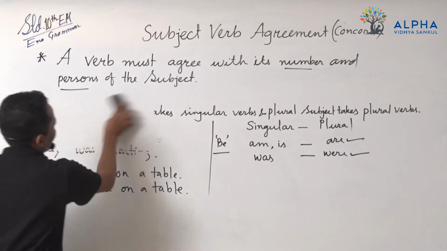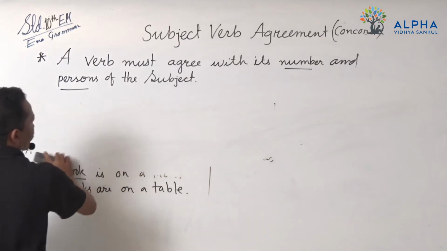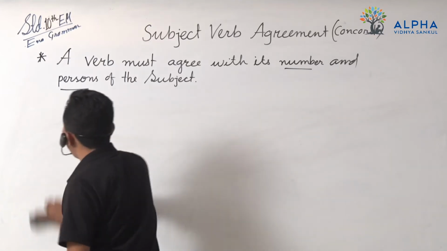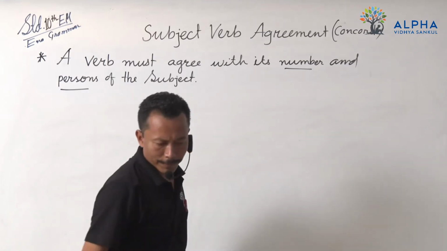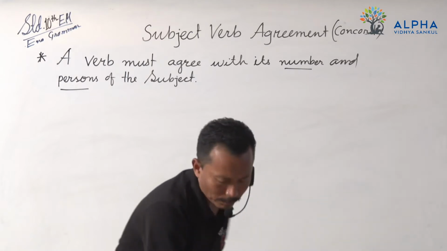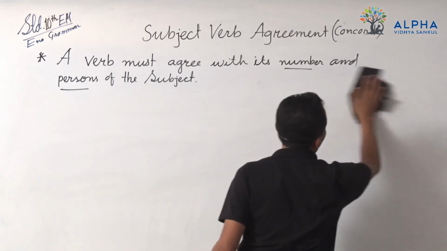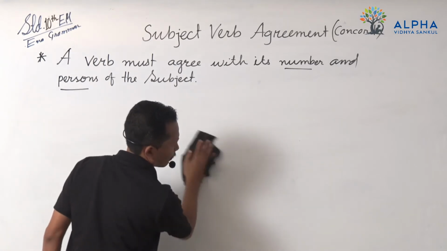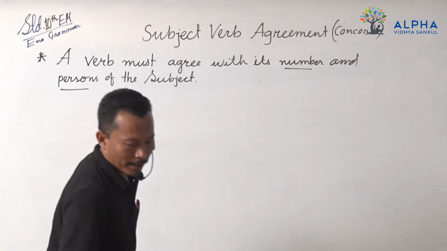The next rule, this is the second rule, I'm going to tell you, is persons. For the persons, I need to make a table here, students. Okay.